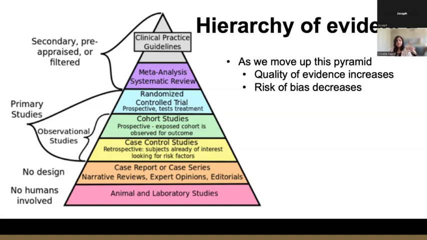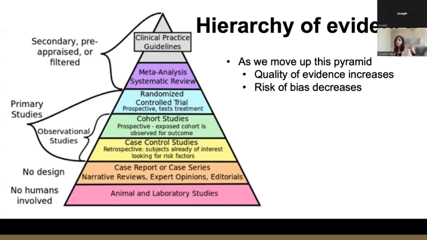Then the next level are the case reports or the case series, narrative reviews, expert opinions, and editorials, which again have a low quality of evidence because there's a higher risk of bias depending upon which expert is writing that report or that editorial and what their background or line of belief or research is.